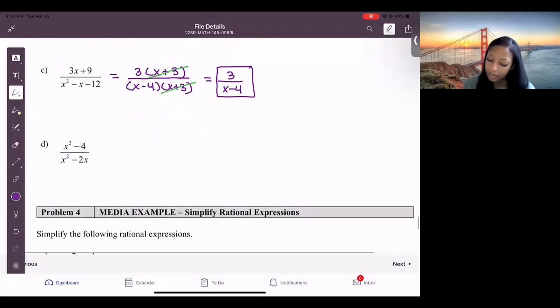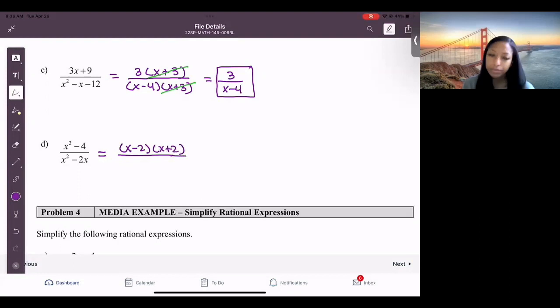All right, last one from this section, x squared minus 4 over x squared minus 2x. In the numerator, x squared minus 4, that is a difference of squares. So this factors to x minus 2 times x plus 2. And in our denominator, x squared minus 2x, it's not a difference of squares, but we can factor out an x from both of those terms.